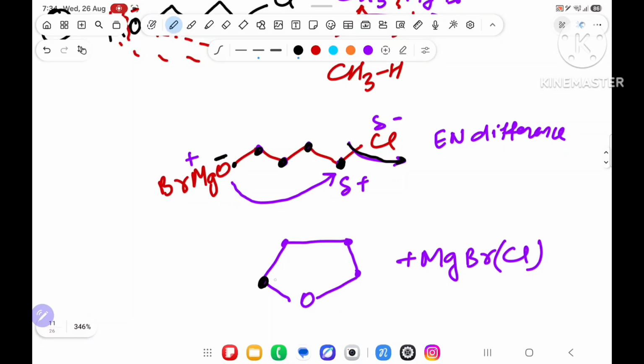So these two end carbons are connected with this oxygen, and in between are 1, 2, 3 carbons. Overall 1, 2, 3, 4 carbons, and on the first and fourth, oxygen is attached. This structure is known as THF, tetrahydrofuran.